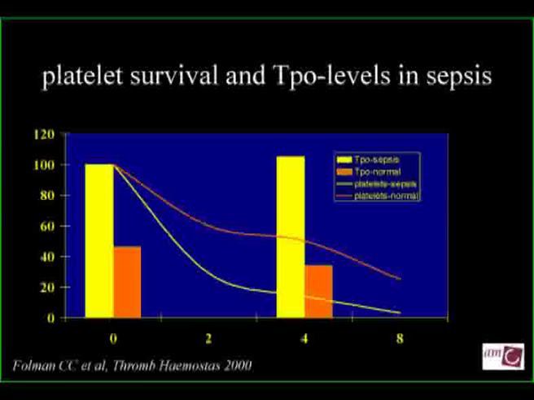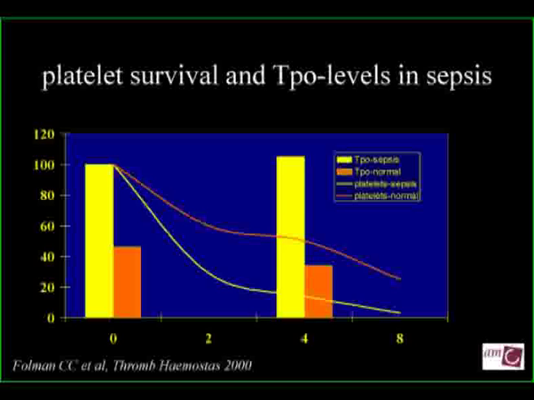There is no bone marrow depression in sepsis, which would also be very strange because most of the pro-inflammatory cytokines that are sky high in patients with sepsis also have a very positive effect on cell development and growth in the bone marrow. People more and more realize that there is actually a very high platelet production in patients with sepsis, but that platelet survival is very low.